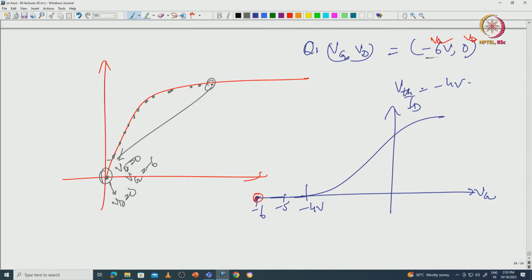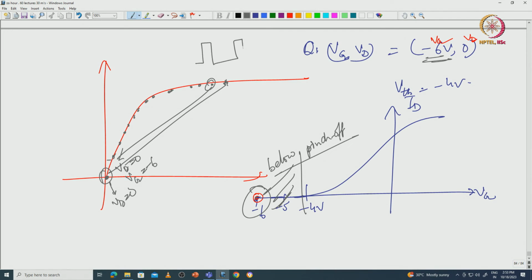So this region is below pinch off. I allow the gate to be stressed, I go to off, then I come back again to on. So this on and off again happens. The on is of course shorter and the off is longer, and that is how you do it. It is called the gate lag condition.